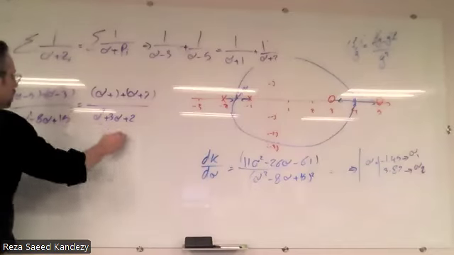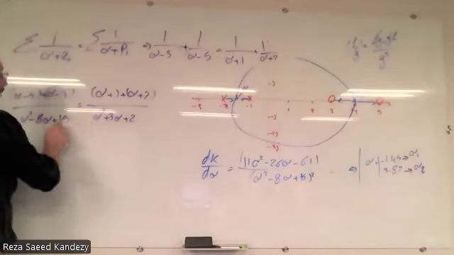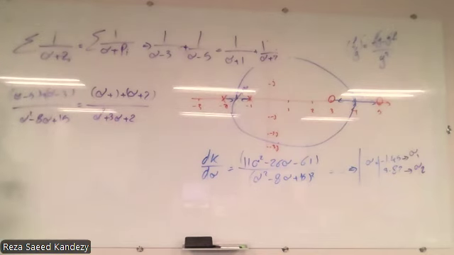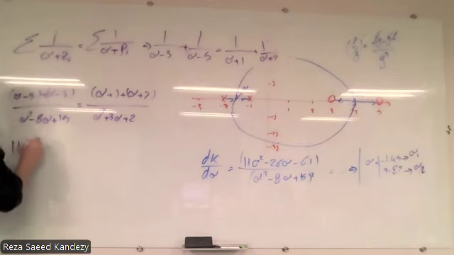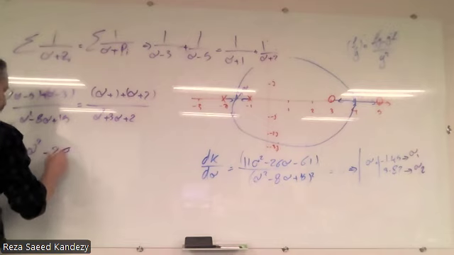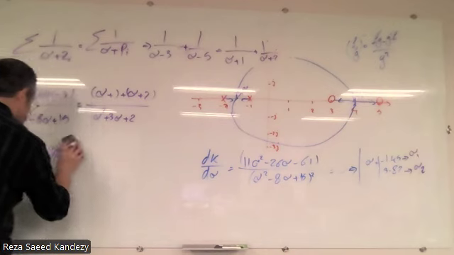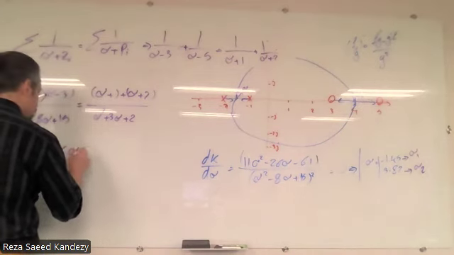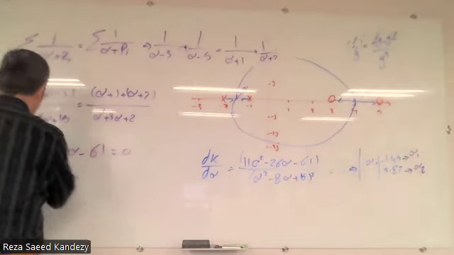Okay, now, if you multiply these two and these two with each other and move one side to the other, you are going to end up with 11 delta squared minus 26 delta minus 61 equal to 0.